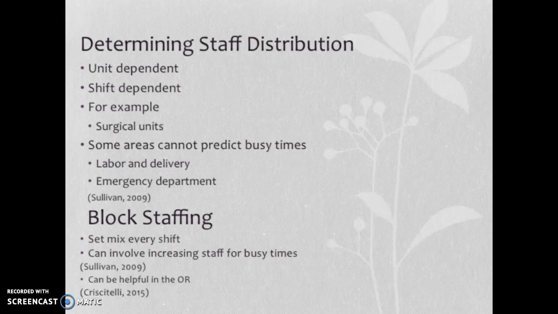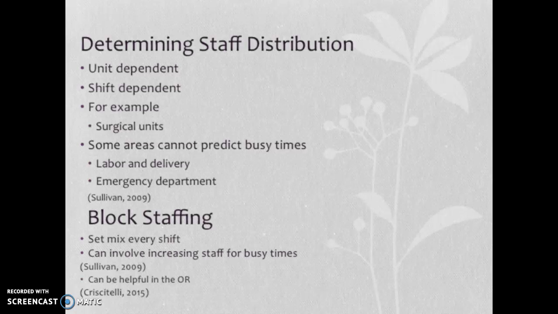Then determining staff distribution. This can be unit dependent, shift dependent, and for example, on a surgical unit, they may be more busy Monday through Friday. So they may want to staff better during those days.